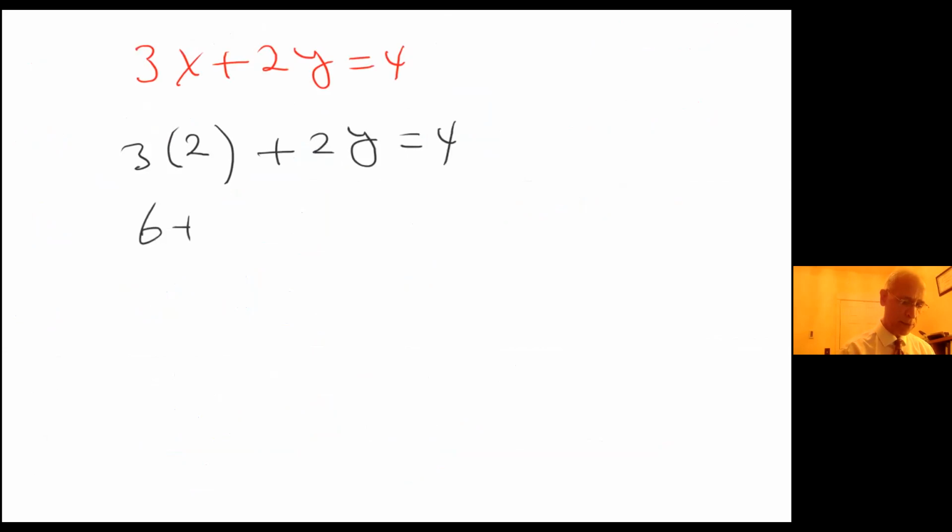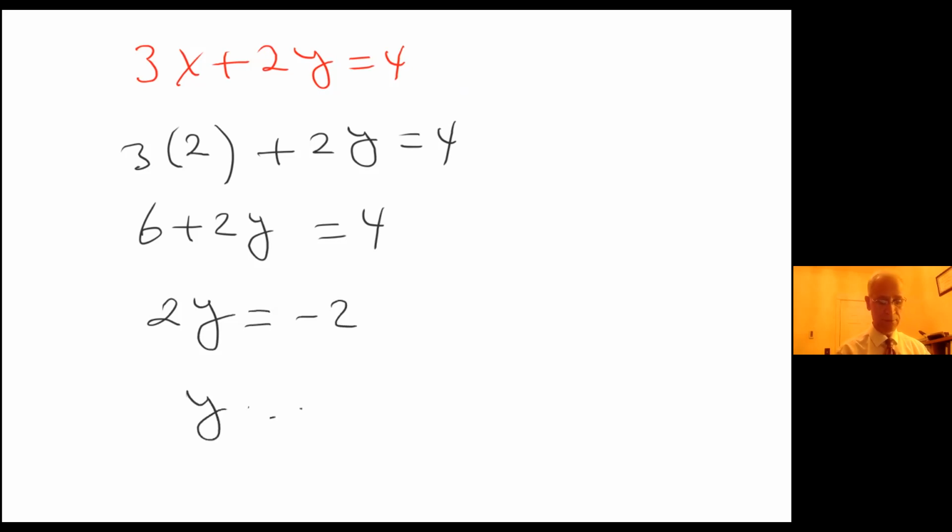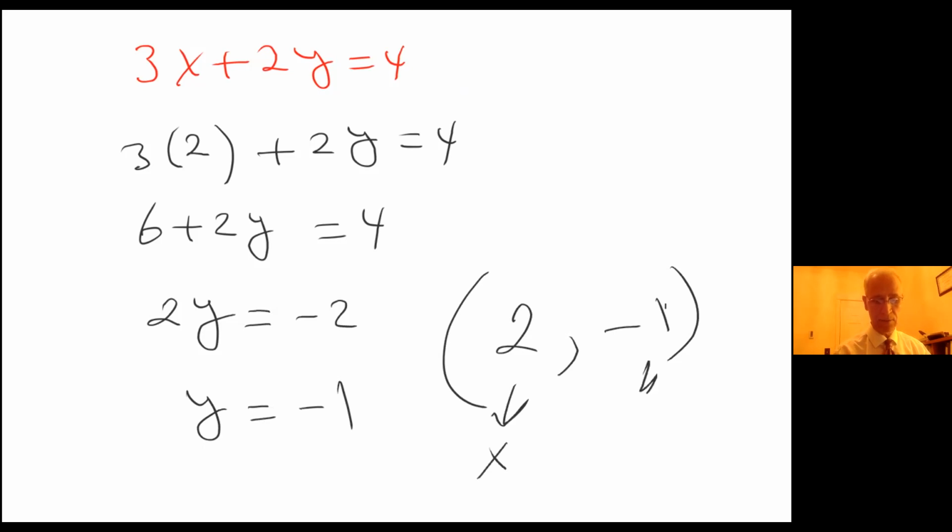So 6 plus 2y equals 4. Subtract 6 from both sides gives me 2y equals negative 2. Divide both sides by 2, I get y equals negative 1. So the final answer is 2 comma negative 1. Once again, the first one is always the value of x, and the second one is always the value of y. Okay, thank you. That's all I have to tell you for now.